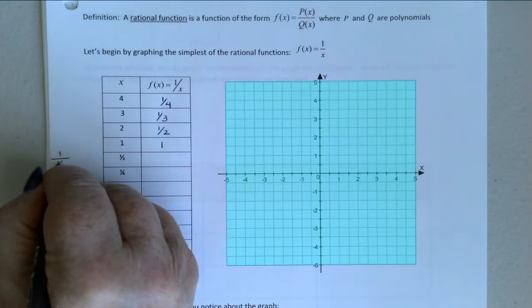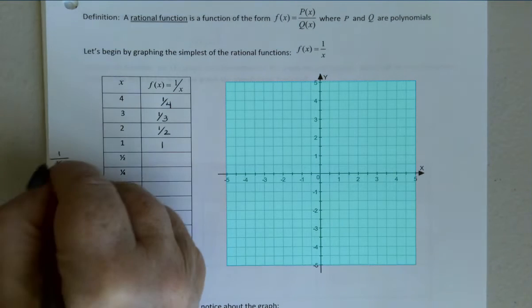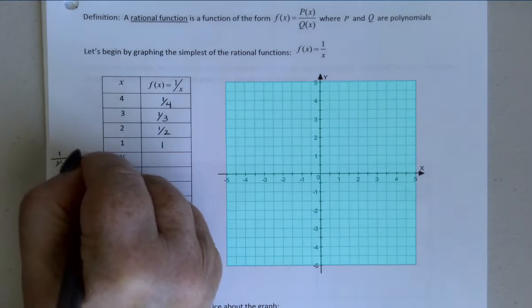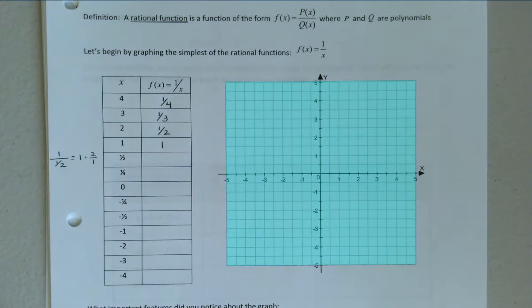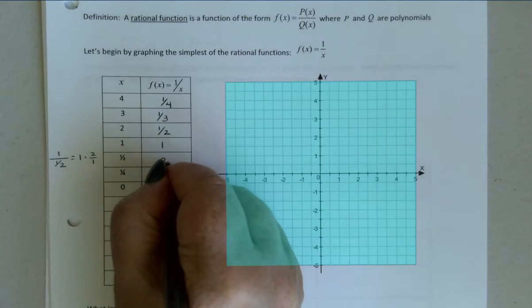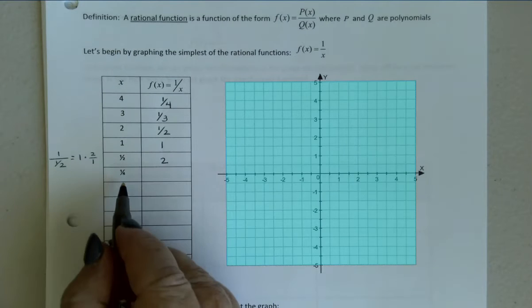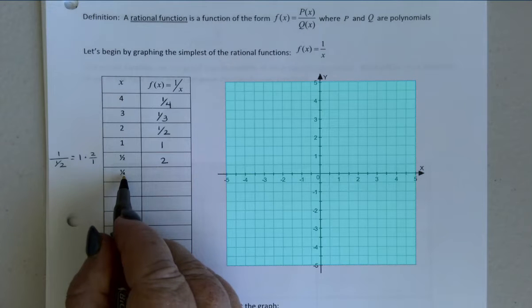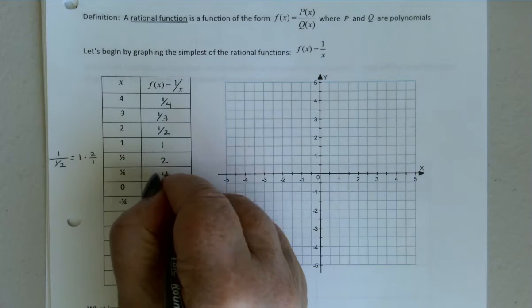So 1 over 1/2 would be the same thing as 1 times 2 over 1. And that just gives me 2. Same idea here. Dividing by 1/4 is the same as multiplying by 4 over 1. Just going to give me 4.